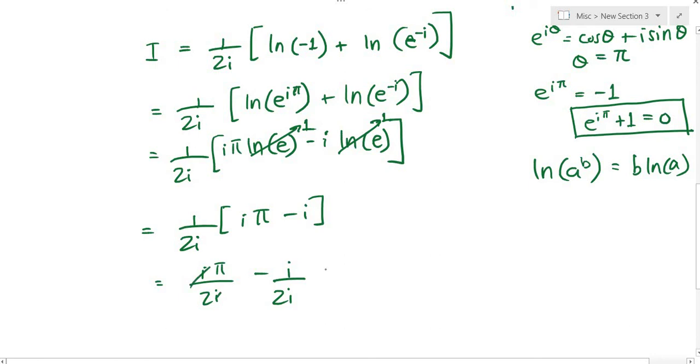Well, the i's will beautifully cancel out, giving us I is equal to pi over 2 minus half. If you want to write this, it's pi minus 1, the entire thing divided by 2. So it's a pretty neat, very elegant answer.